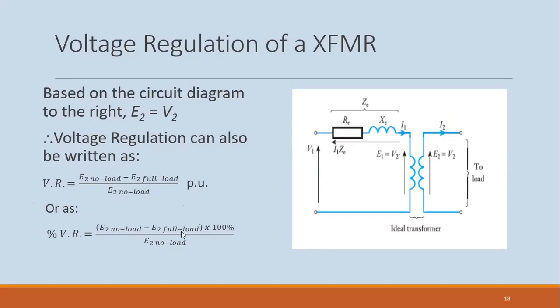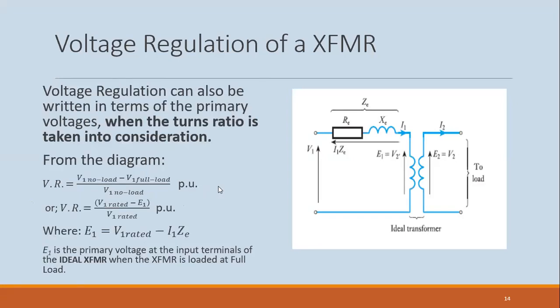That's in per unit, or if we want the percentage voltage regulation, we multiply that by 100%. This formula is similar to the percentage error formula. But the voltage regulation can also be written in terms of the primary voltages, when the turns ratio is taken into consideration. I won't bother doing the derivation right here.